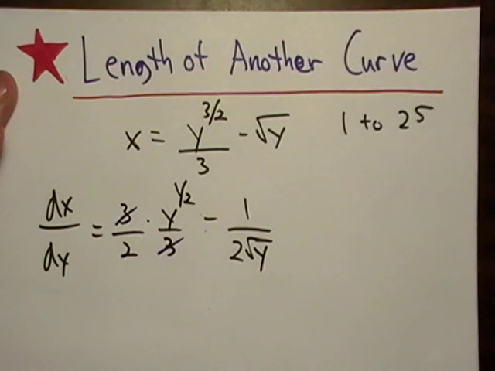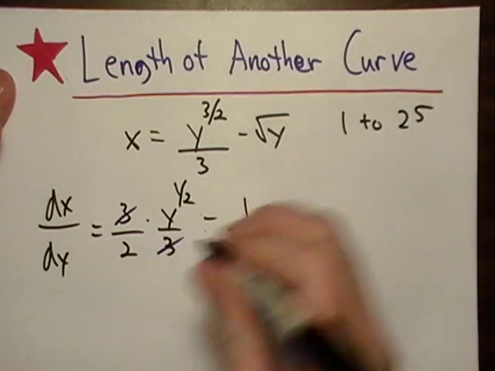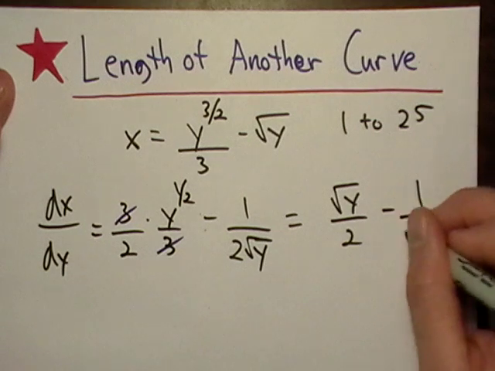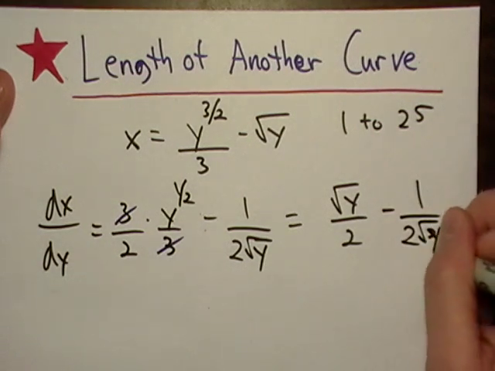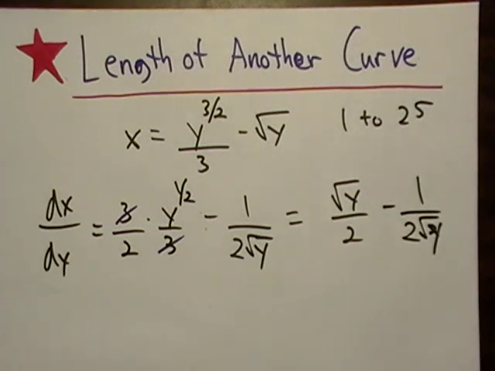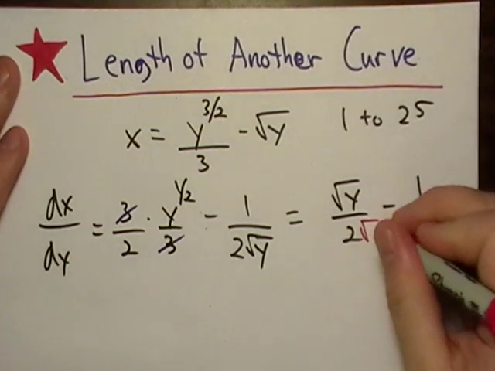Right there, so what's that going to leave us with? Square root of y over 2 minus 1 over 2 square root of y. Let's get some common denominator action going.